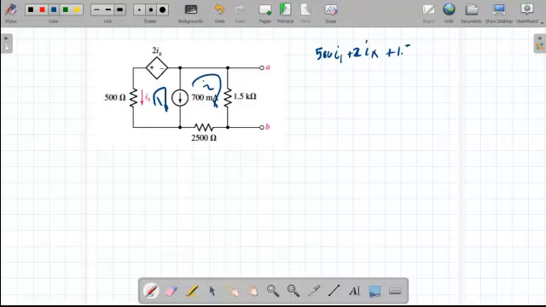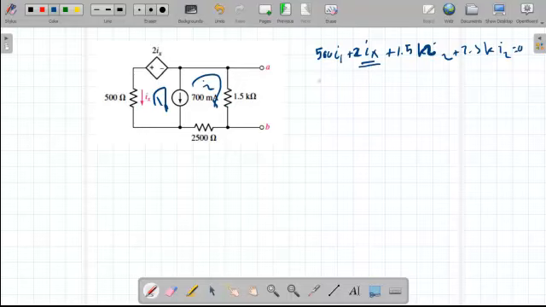So then 1.5K (I1 minus I2) plus 1.5K I2, plus 2.5K I2 equals 0.